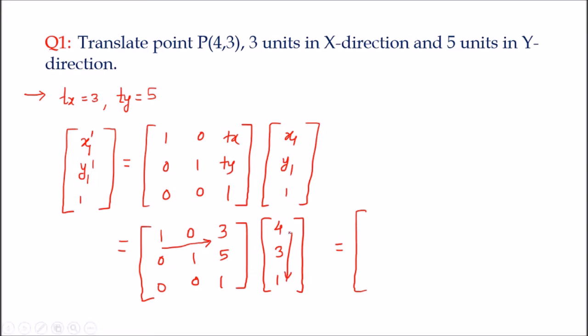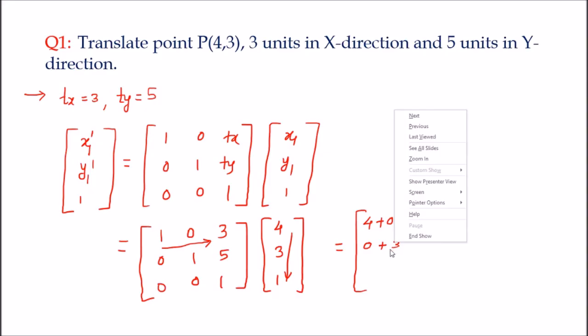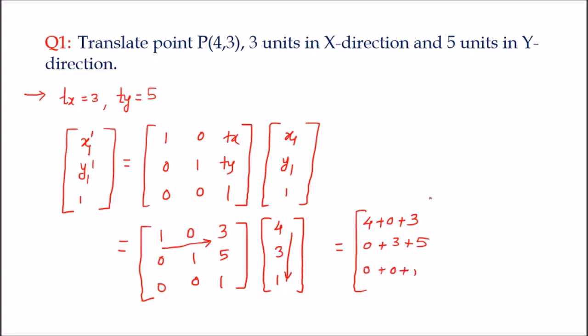So 1 multiplied by 4 is 4, plus 0 multiplied by 3 is 0, plus 3 multiplied by 1 is 3. Then 0 multiplied by 4 is 0, plus 1 multiplied by 3 is 3, plus 5 multiplied by 1 is 5. Then 0 multiplied by 4 is 0, 0 multiplied by 3 is 0, 1 multiplied by 1, so 0 plus 0 plus 1.